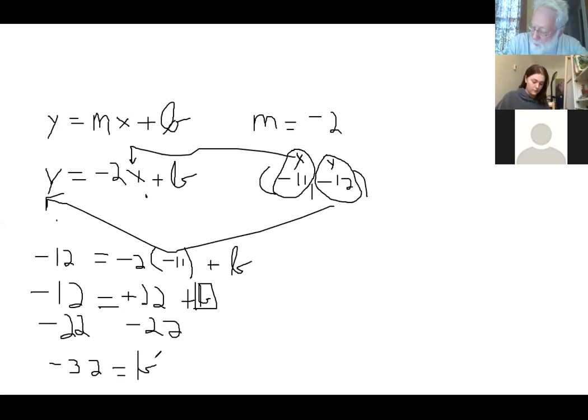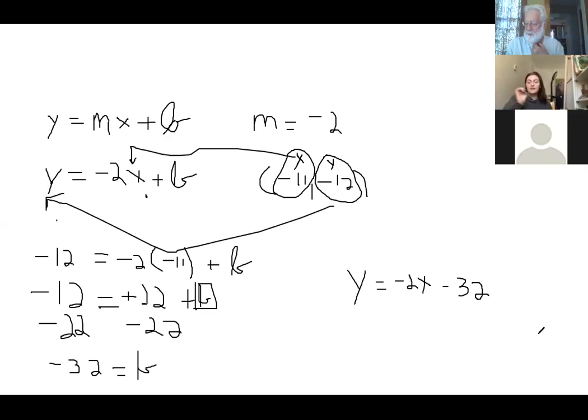So then the answer would be y equals -2x - 32. And that's because you've been asking us to give just the equations.